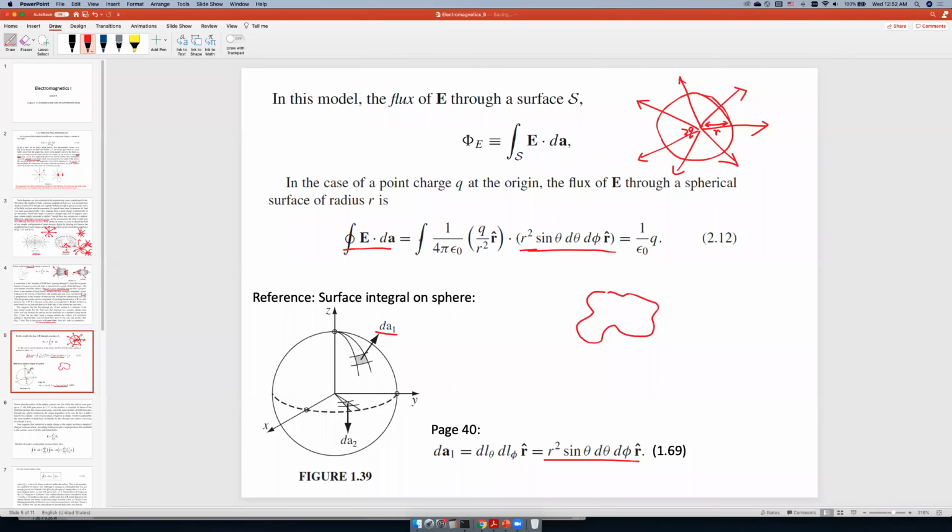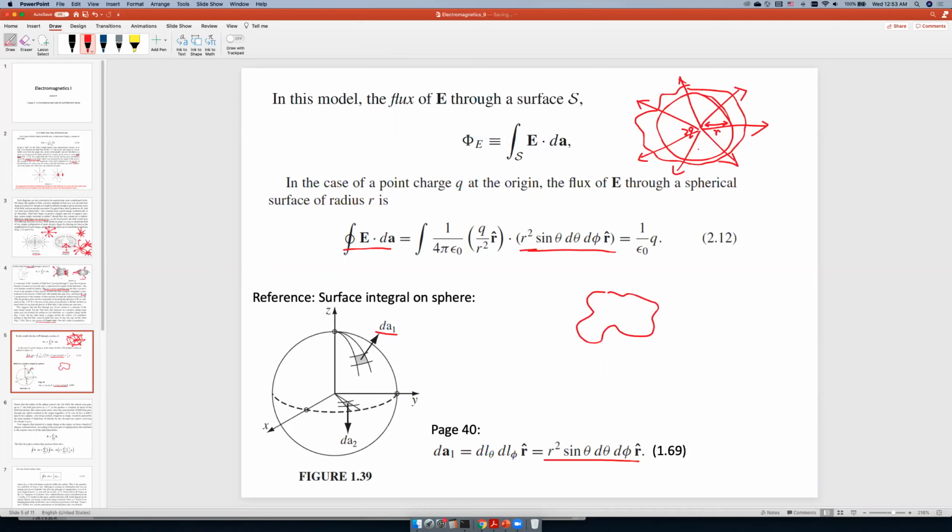Now we get this conclusion based on the spherical case. Actually, if it's not spherical, if it's some surface like that, the conclusion is still true. The flux on this surface is also equal to Q over epsilon 0, because any field line that goes through the spherical surface should also go through this curly surface.